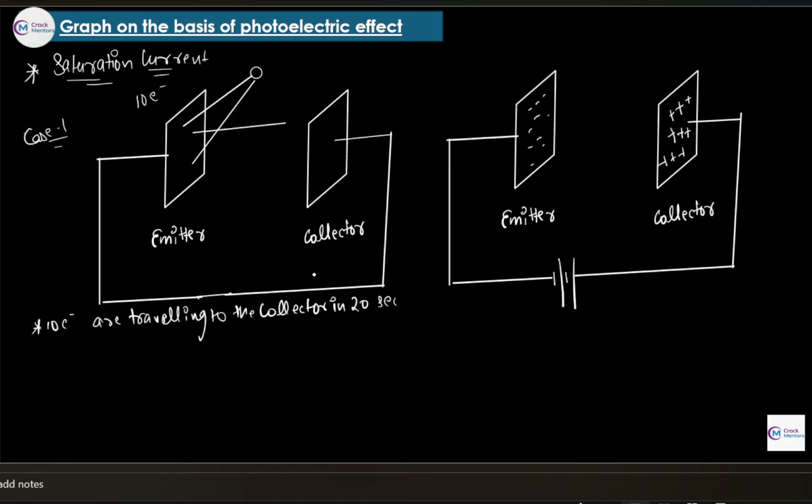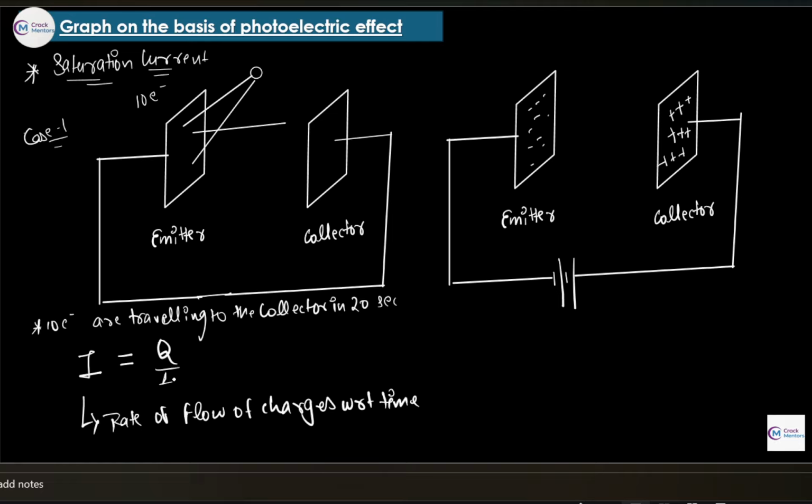If I'm talking about the current, the photocurrent is again the rate of flow of charges, that is, charge with respect to time, charge per unit time. So basically the charge flowing is 10 electrons in 20 seconds.